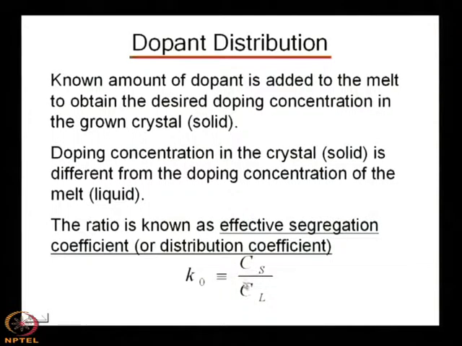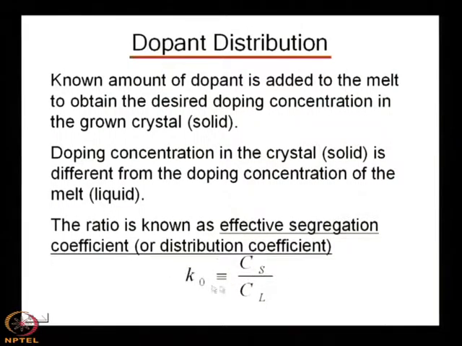Ideal is 1, that means almost all the impurity is taken up by the crystal as per your calculation. But if it is less than 1, you will find that there is a rejection of the impurity in the melt itself.